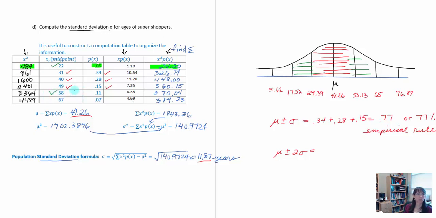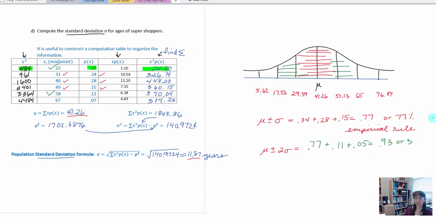So it looks like we already have 3 of the probabilities included, so we'll just add 0.05 and 0.11 to the previous total. So we had already 0.77, we'll be adding 0.05 and 0.11. So this total brings us to 0.93, or 93%.